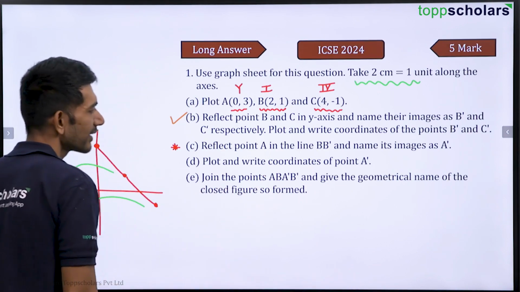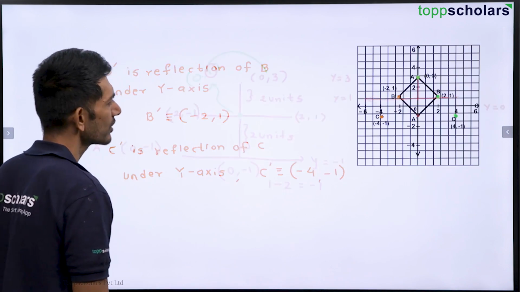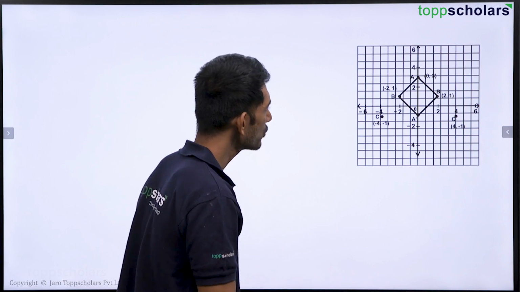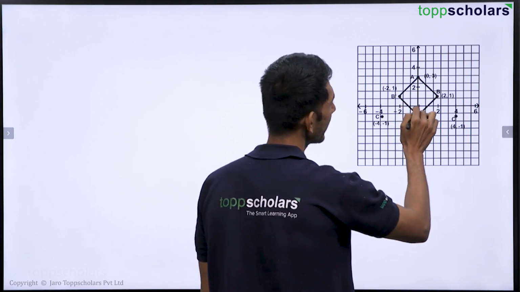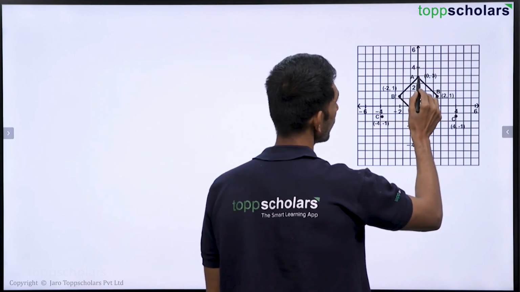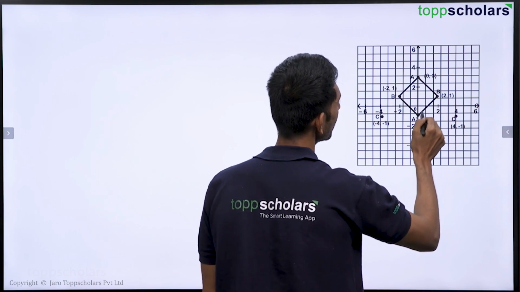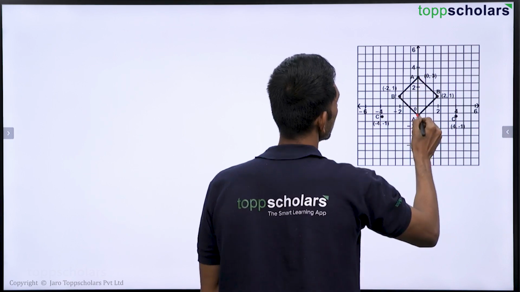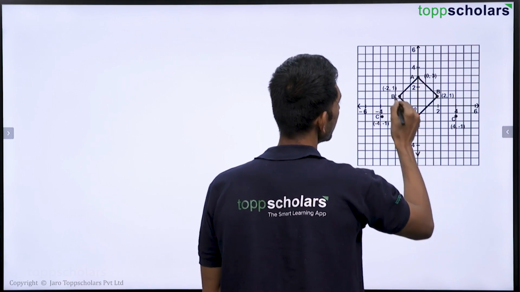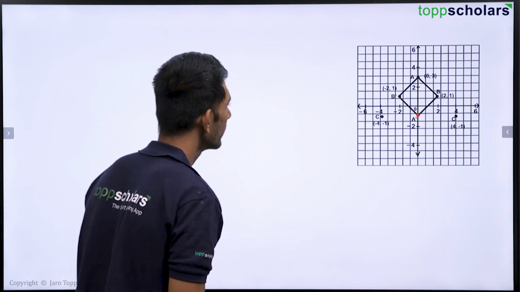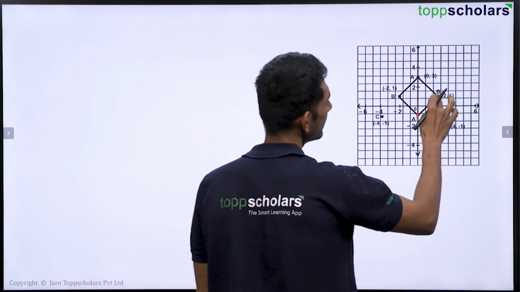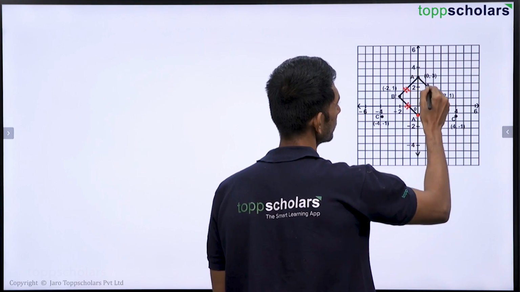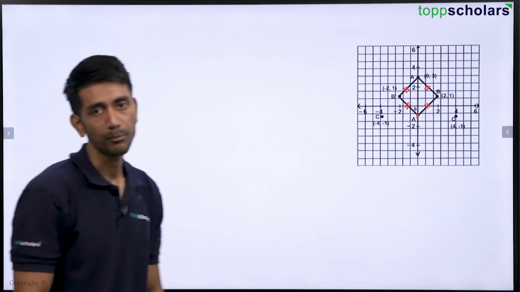Okay, next one. Join the points and give the geometrical name. Okay, so we have to just join the points and give the geometrical name. So if we join them, and if you see very carefully, 0, 3, 2, 1, then we have this point, that is 0, minus 1, and then minus 2, 1. So can we say all these distances, if you find, they are equal? So this figure is a rhombus.